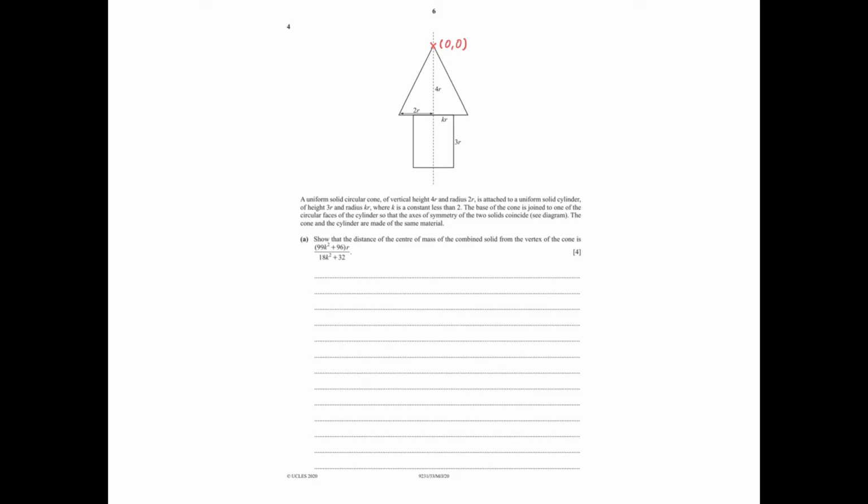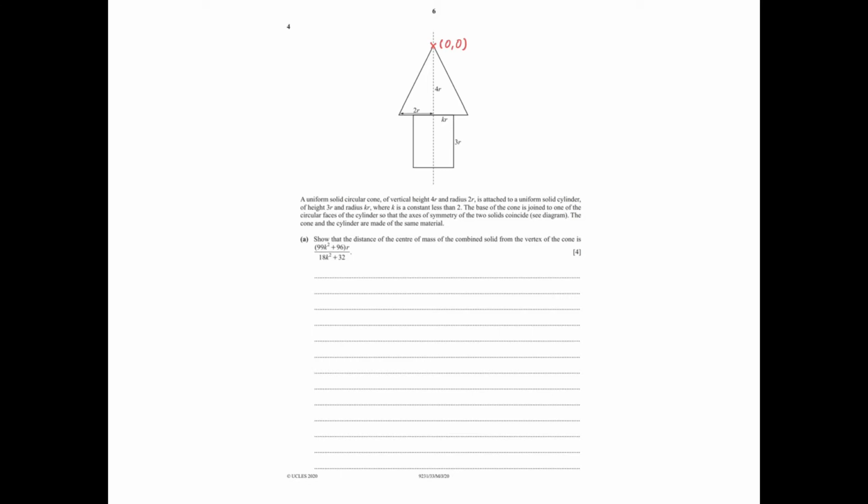For the cone, you can look at the formula booklet MF19 and you will find that the center of mass of the cone is 3/4 of the height from the vertex.